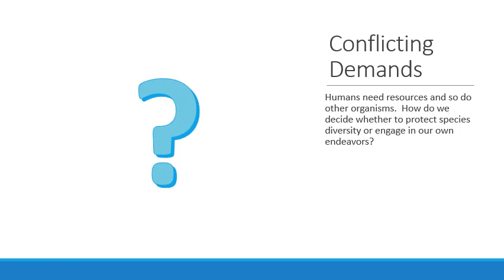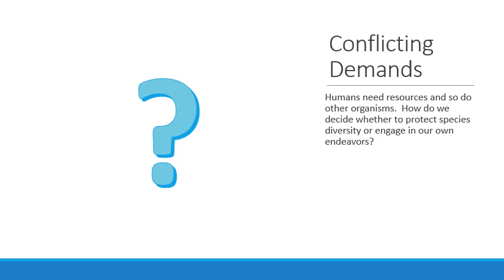So here we have these issues of biodiversity. We have habitat loss, we have exploitation, we have all of these problems with maintaining our current levels of biodiversity and conservation. And the reason for that is because of conflicting demands. Nobody's arguing that humans don't need resources. We absolutely do.